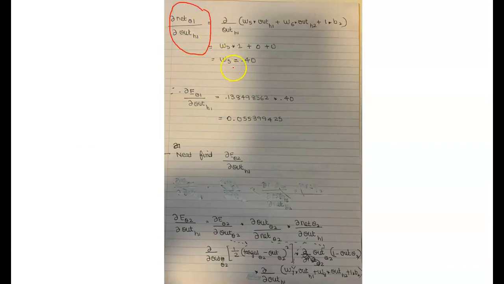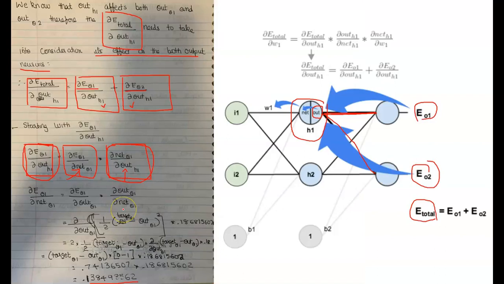I have found the partial derivative and got its value to be 0.40. After that, I find dou EO1 divided by dou net O1, and again found the value. So once those two are done, I have found dou EO1 divided by dou out H1. I can multiply those two values.